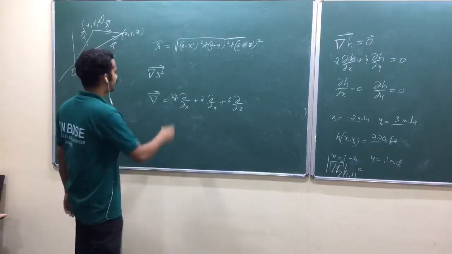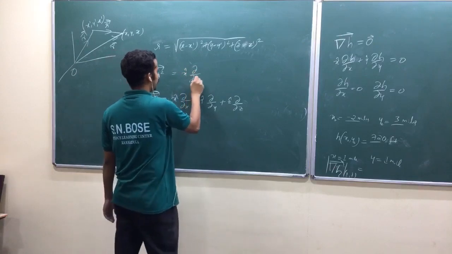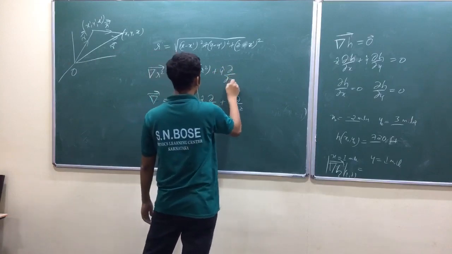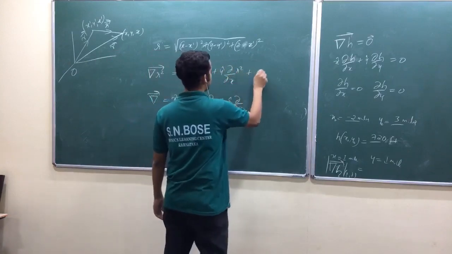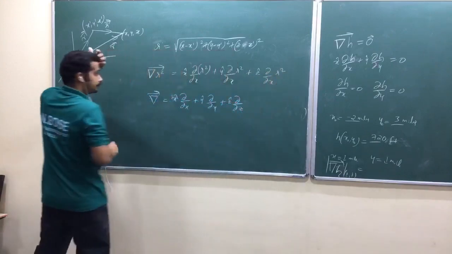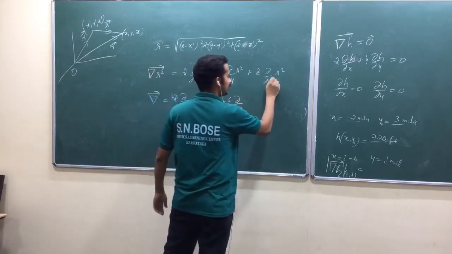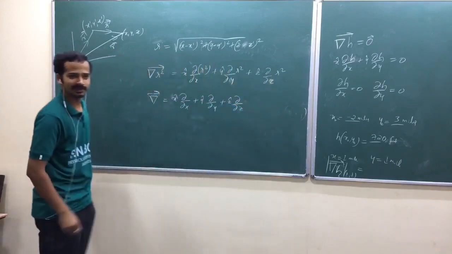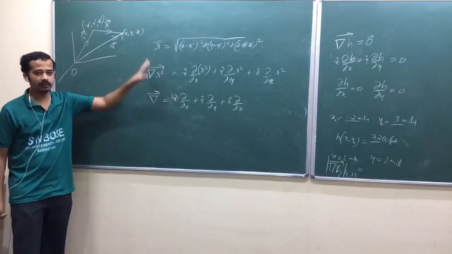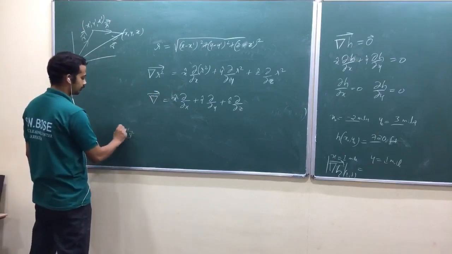Is it clear? So del r square is x cap into dou by dou x of r square plus y cap into dou by dou y of r square plus z cap into dou by dou z of r square. Similarly, after doing all of this, do this one, del prime of r square.